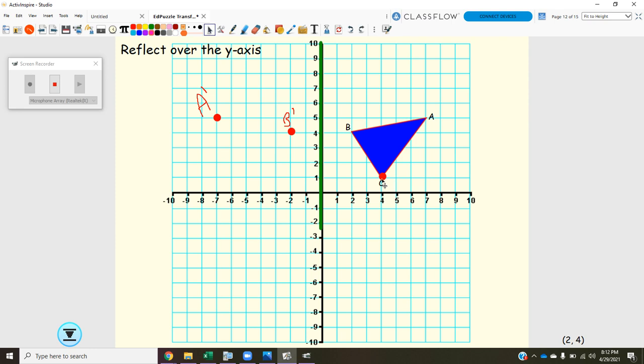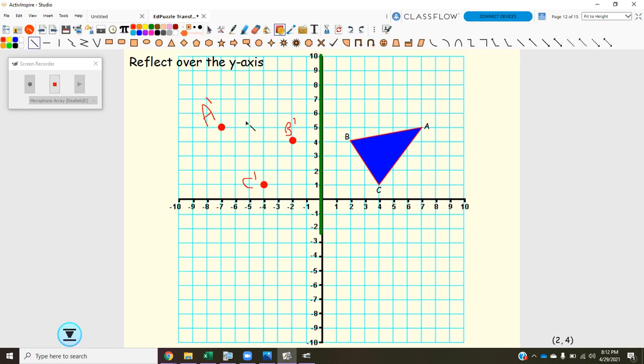C, 1, 2, 3, 4. 1, 2, 3, 4. Then I connect. Same triangle, just flipped over.